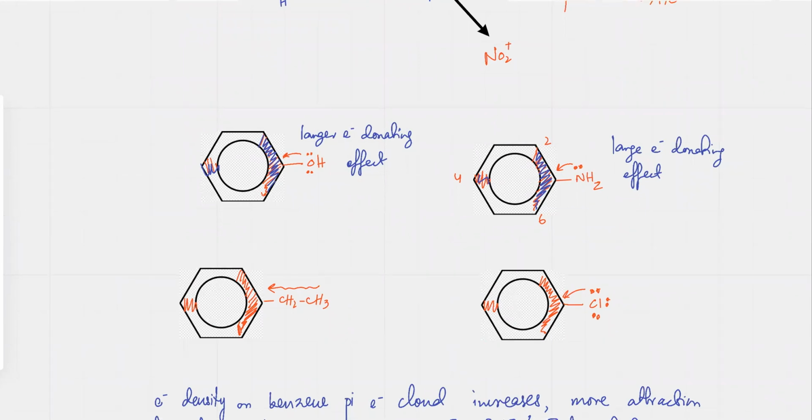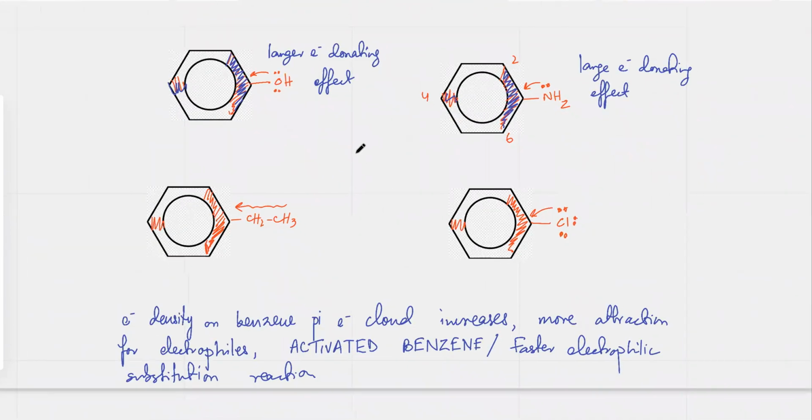And then we said that not all these groups produce the same strength of effect. For example, the OH and the NH2 have a larger electron donating effect because they've got lone pairs. The CH3 doesn't have lone pairs, so the electron donating effect that it has is very, very slight.